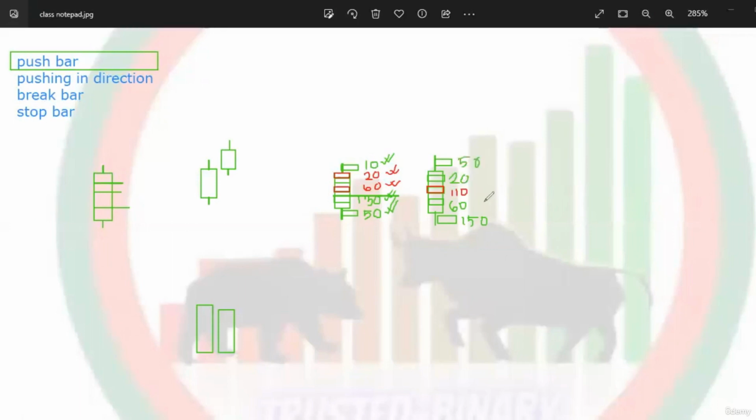So in this situation, can we take this one also as a push bar? In this wicks part, the volume is high. So when volume is high from the opening part, that is also okay. And when volume goes from high to low, then in the lower part, that is also okay for a push bar. Okay, we can also take this one.